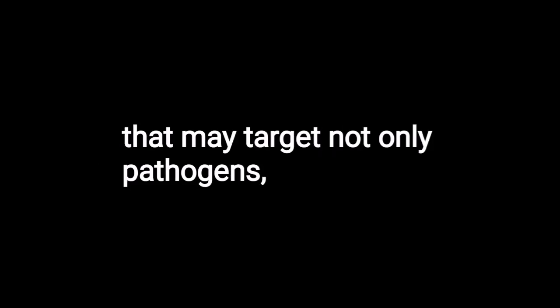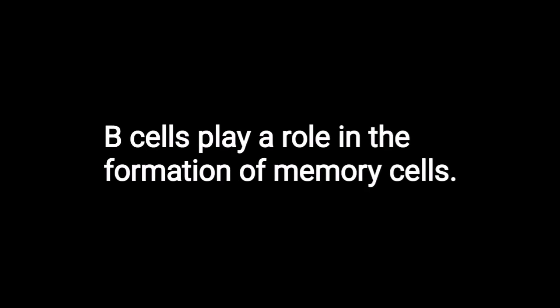In chronic inflammation, the continuous presence of antigens can lead to an excessive or inappropriate activation of B cells, resulting in the production of antibodies that may target not only pathogens, but also the body's own tissues, contributing to autoimmune responses. In addition to producing antibodies, B cells play a role in the formation of memory cells.